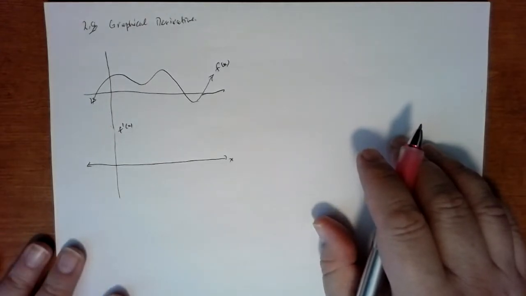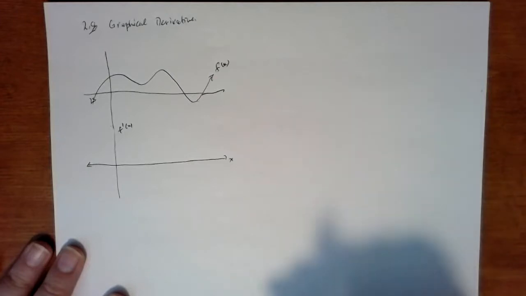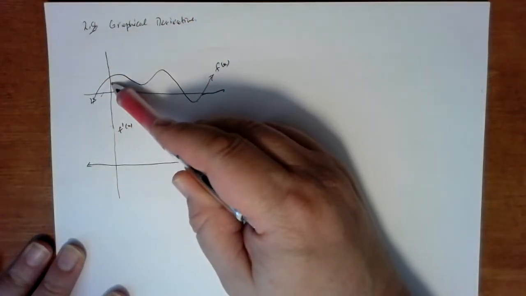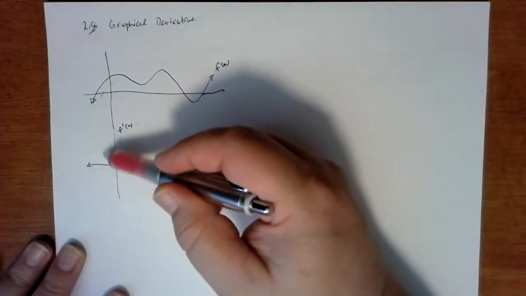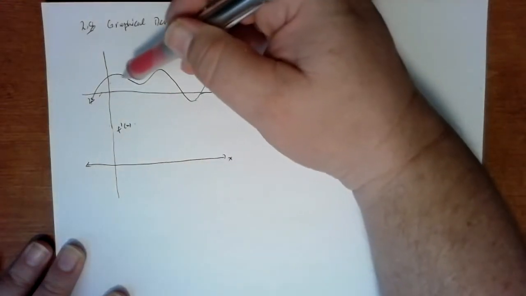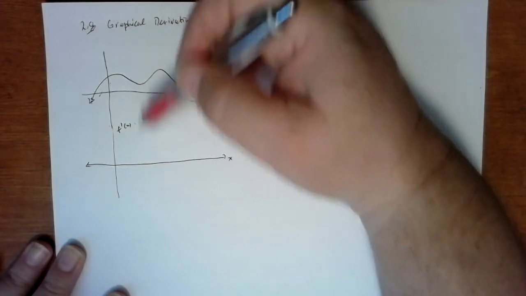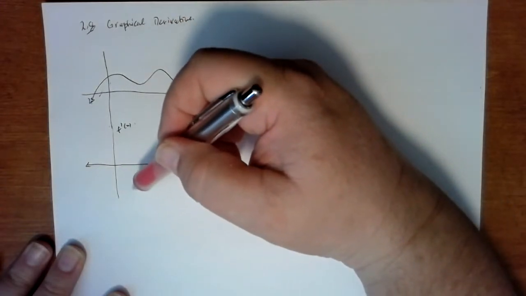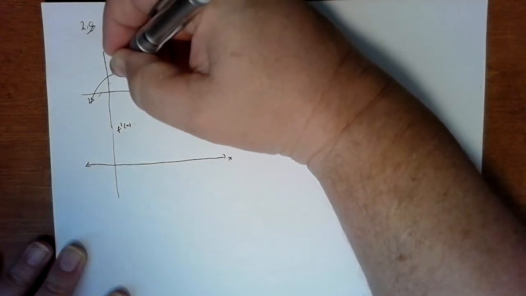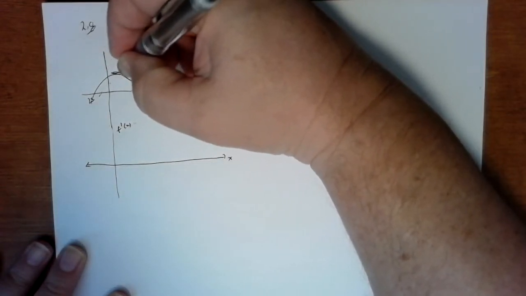Now we actually already know how to do this slightly, because we know that where the original function is increasing, the derivative is above the x-axis, and where the function is decreasing, the derivative is below the x-axis. So where we have a little bit of a plateau here, we're going to have zero slope.